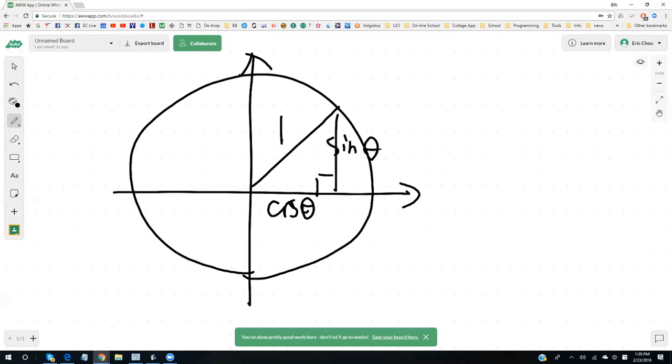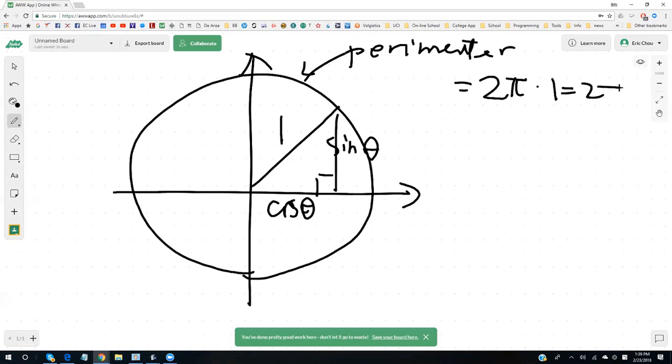What's the length for the circle's perimeter now? Perimeter now is actually 2 pi times 1 equals 2 pi to make a circle, right? So now, let me show you. The whole circle, black one, is 2 pi.